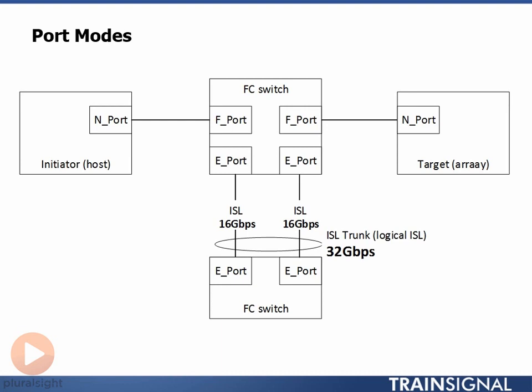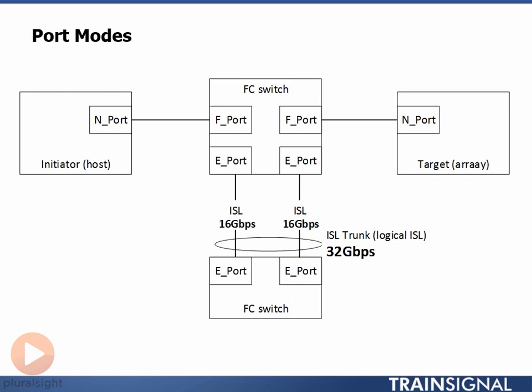Well, for one, you get automatic load balancing across both links, meaning that each link shoulders its fair share of the burden. If you don't have trunking, you have to manually load balance, and you could end up with one link doing most of the work. Also, if one of the ISLs fail, we get less disruption to the fabric if we have a trunked ISL.